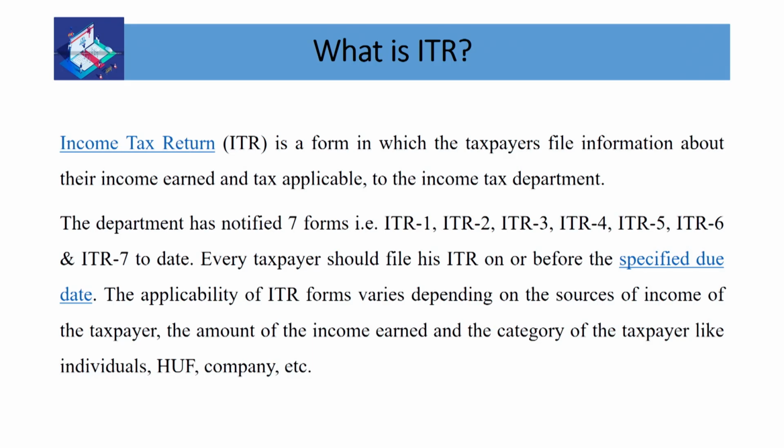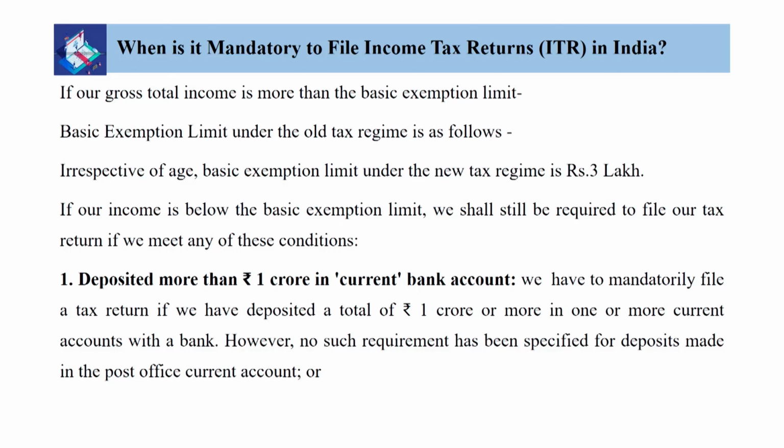Okay, dear students, this slide represents when it is mandatory to file an income tax return in India. If our gross total income is more than the basic exemption limit, then ITR filing is mandatory.